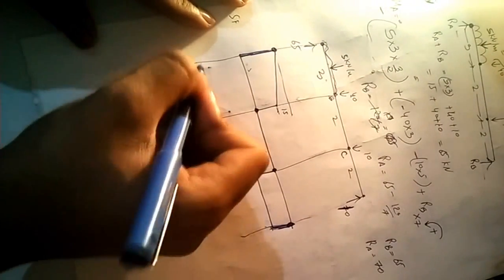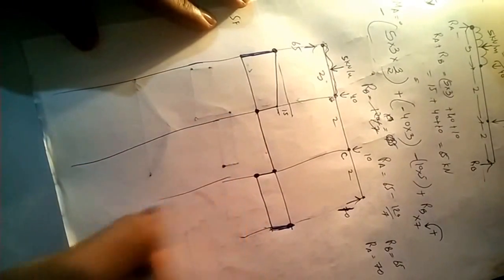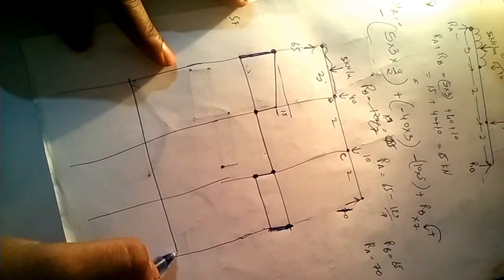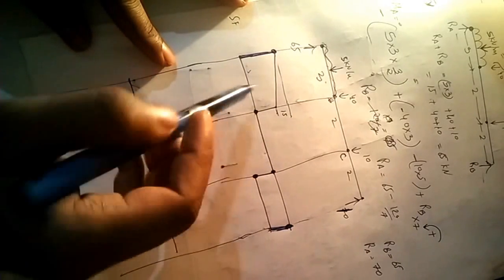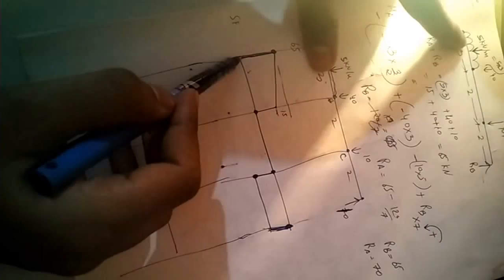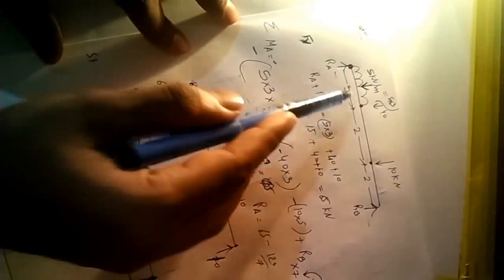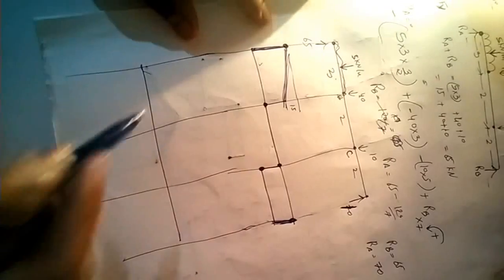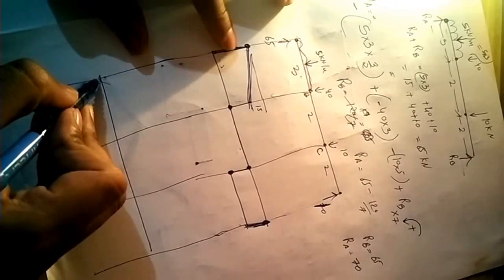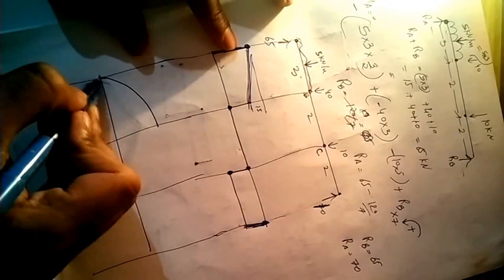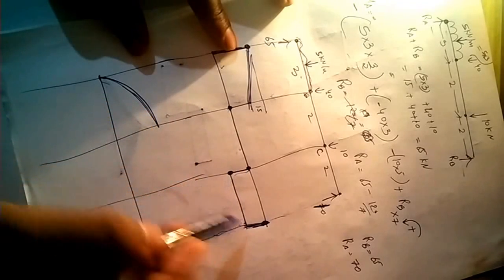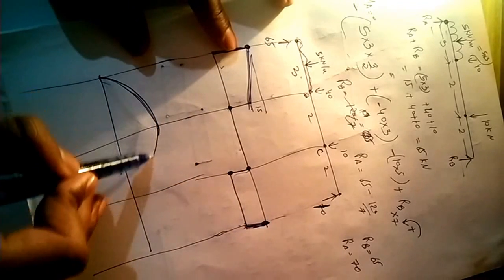Now the bending moment diagram. For the bending moment diagram, we know for the UDL, or for the shear force, if shear force is this, our diagram will be this, and for these straight lines our diagram will be this.